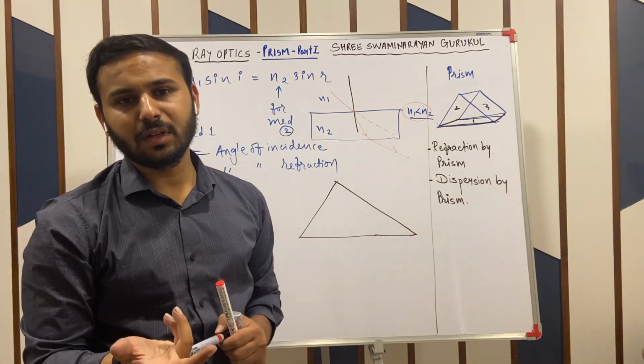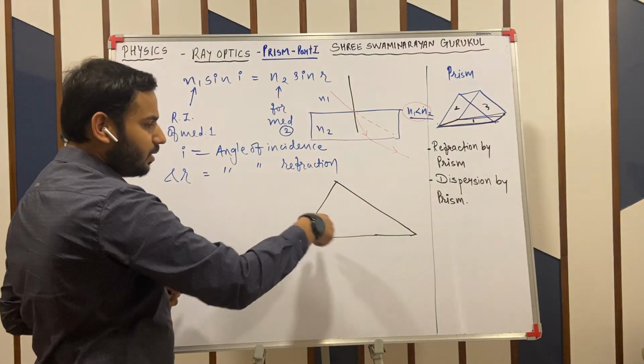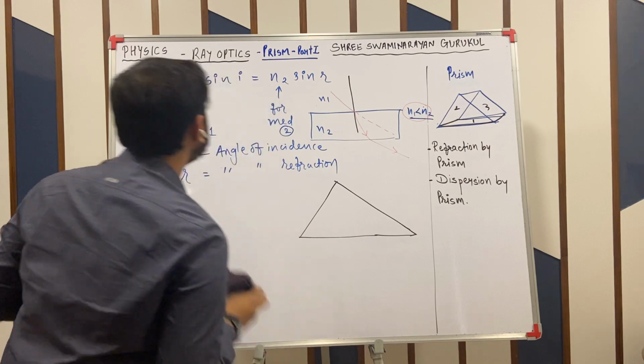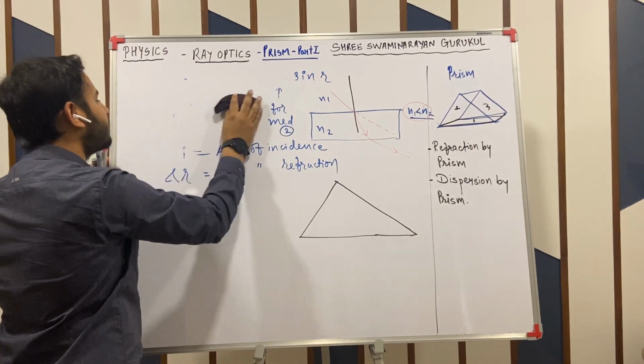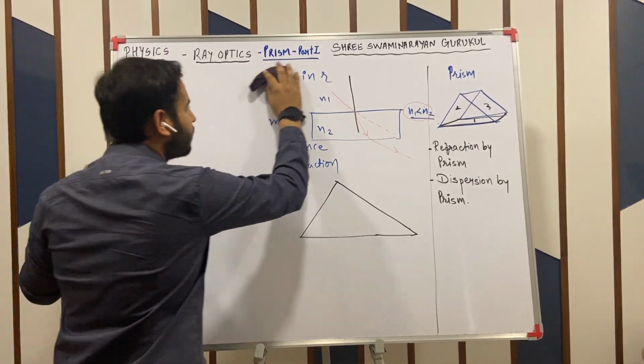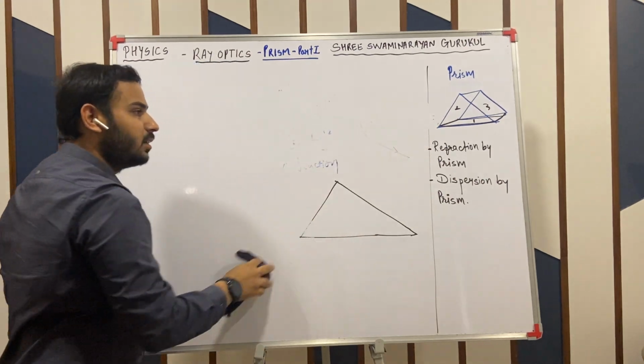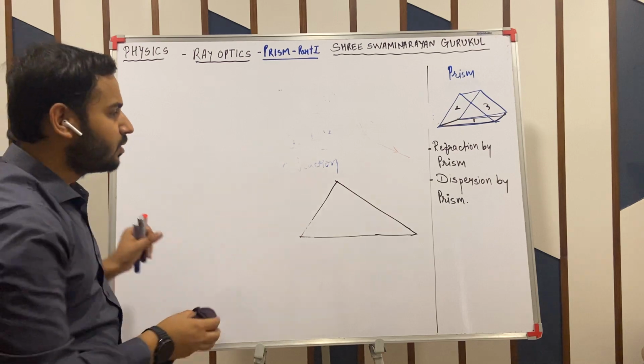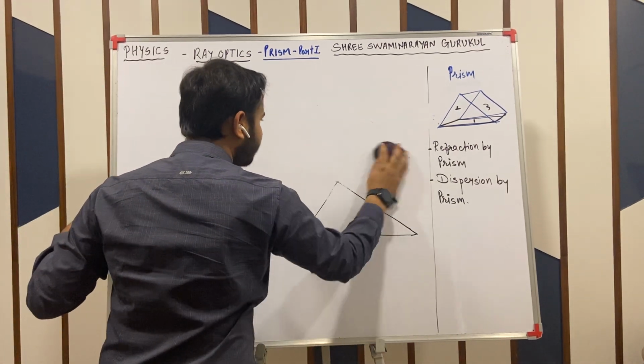So two such surfaces are there. The front view of the prism is a triangle. Let us understand refraction in prism. The most important thing about this topic is the diagram. Right? Please focus on the diagram so it will be easier for you.